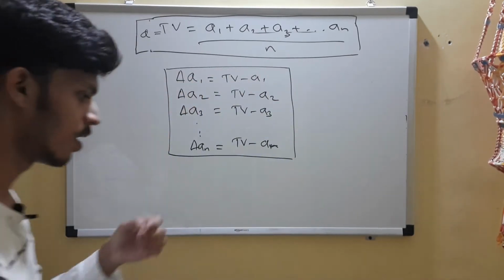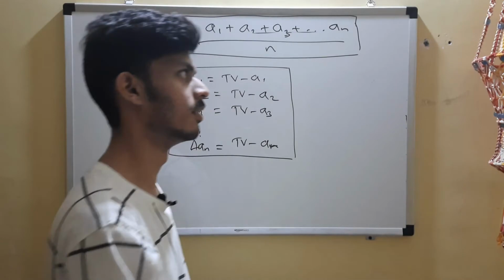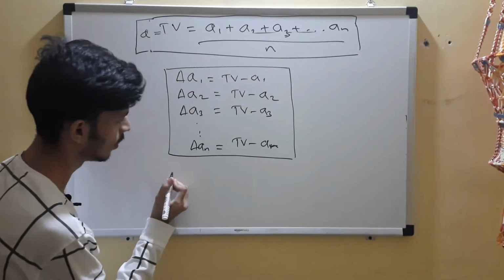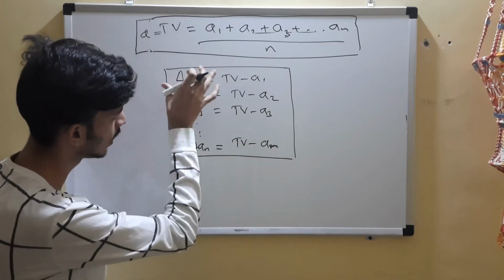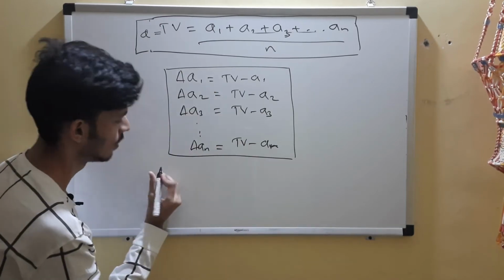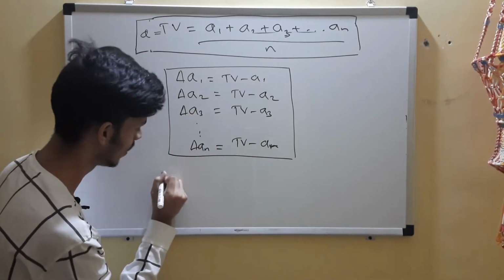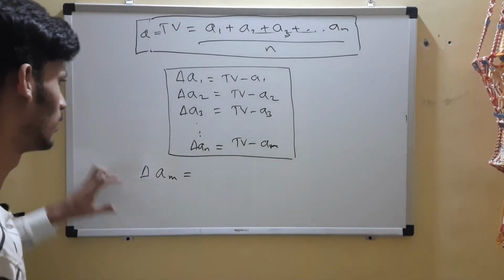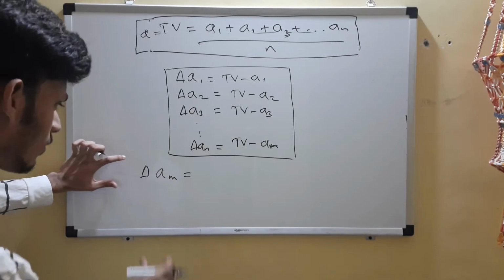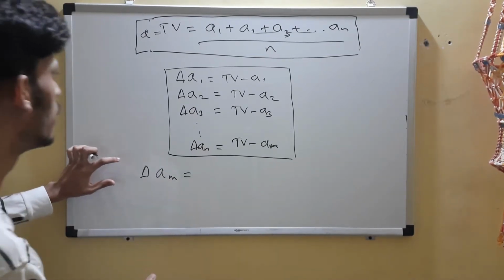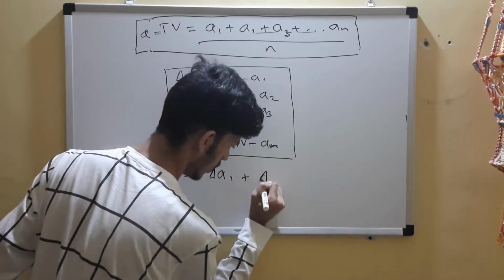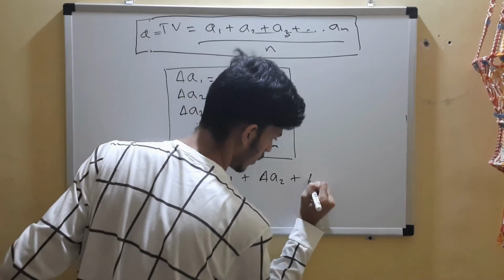Now the next error was mean absolute error. So you take the mean of these values. This revision might help you a lot if you didn't pay attention for the last some minutes. So you take, am I writing the correct thing?